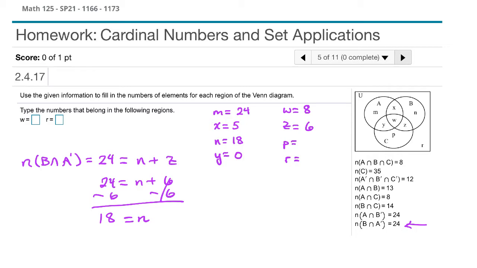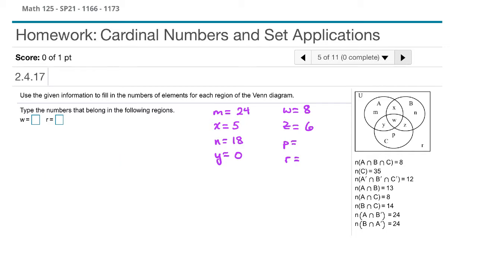Now, let's look at the sets that we've not used yet. For our value P, we have P inside of the set C, and they do tell us the cardinality of C is 35. The regions this corresponds to are Y plus W plus Z and then plus P. We have values for these variables: Y is 0, W is 8, and Z is 6.